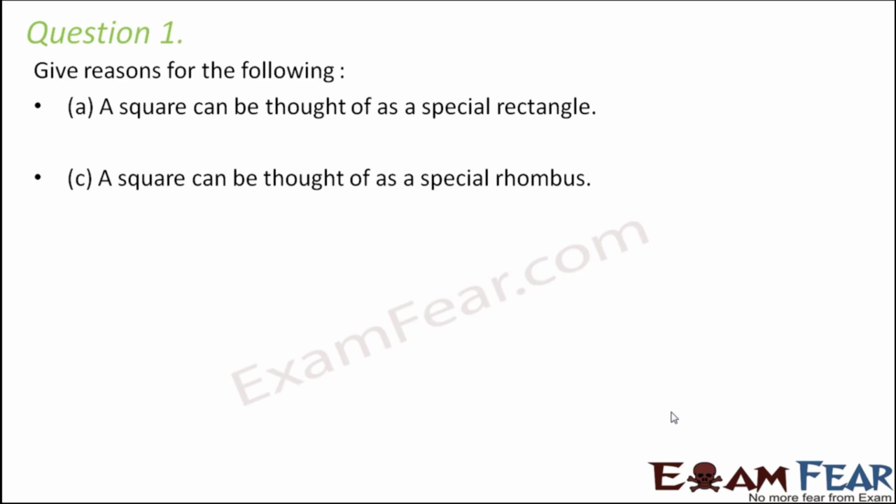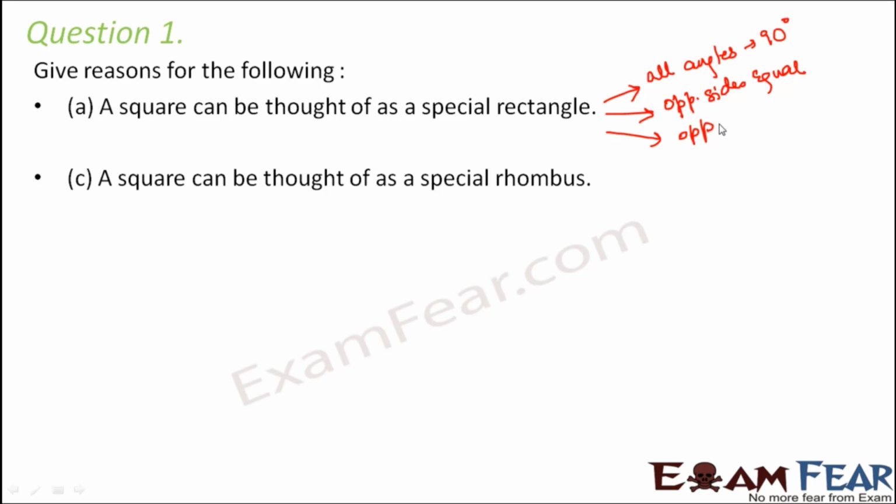A square can be thought of as a special rectangle. Yes, of course, a square is a special rectangle, because again a square satisfies all conditions to become a rectangle. What are the conditions you need to become a rectangle? In a rectangle, all angles should be equal and each angle should be equal to 90 degrees. Opposite sides should be equal. Opposite sides should be parallel.